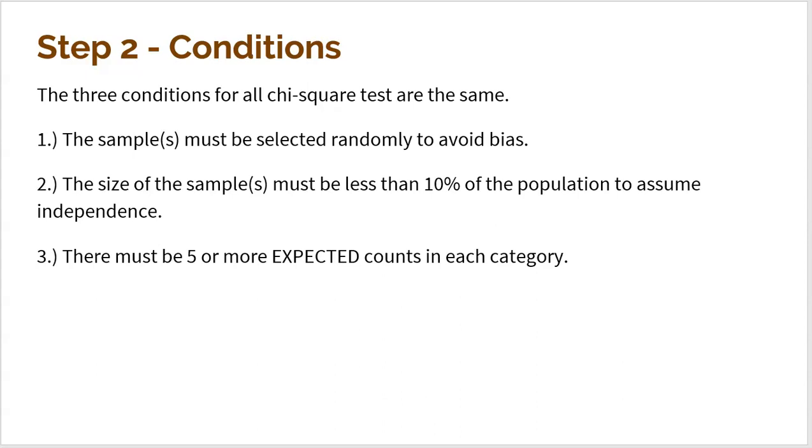So again, all of those samples must be random and all of those samples must be under 10% of the populations they were taken from. And then the third condition, as we mentioned before, is that there must be 5 or more expected counts in each category. Please keep in mind that it's the expecteds that have to be 5 or more. You might have an observed count be less than 5, and that's okay as long as what was expected for that category was 5 or more.